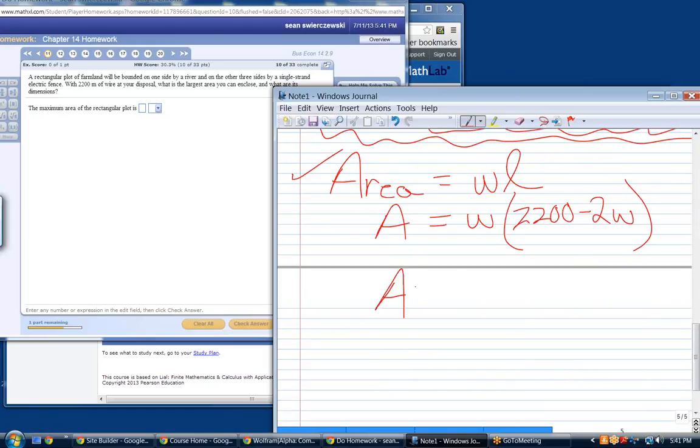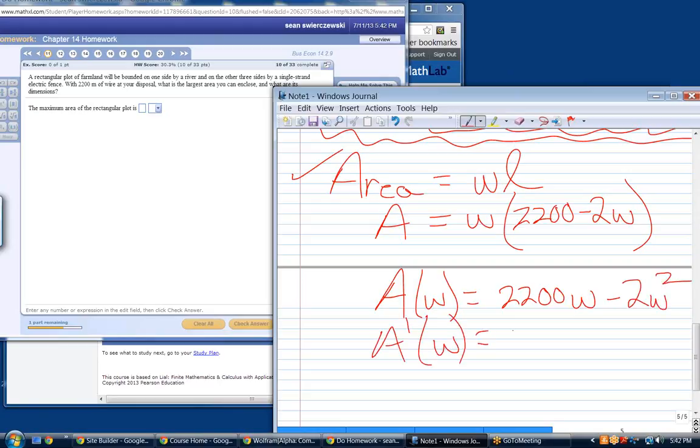So A of W is 2,200 W minus 2W squared. A prime of W is 2,200 minus 4W.